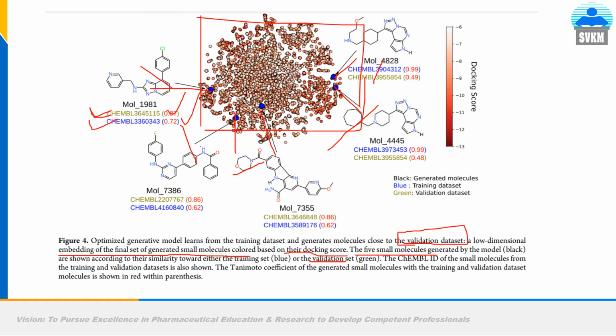The 5 small molecules generated by the model, these black structures, are shown according to their similarity toward either the training set, blue, or the validation set, green. So blue indicates the training set and green indicates the validation set.